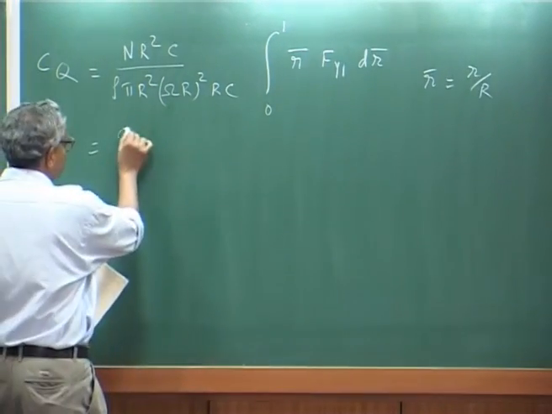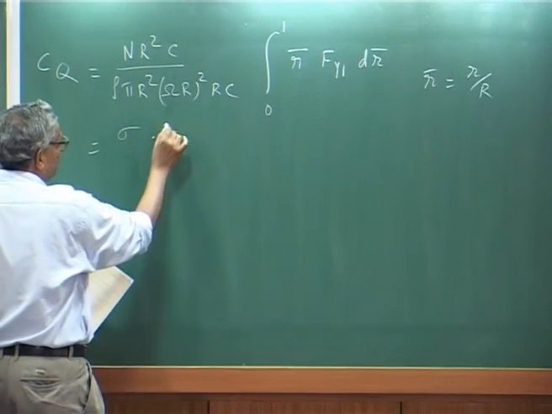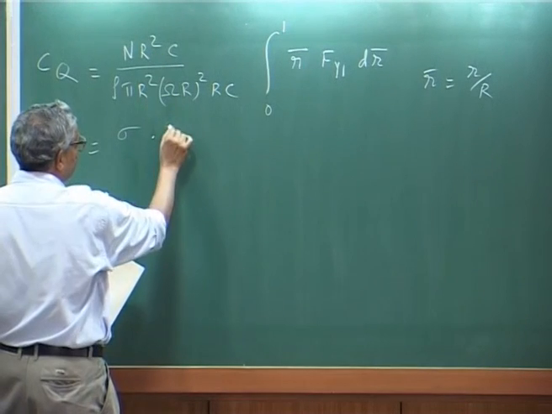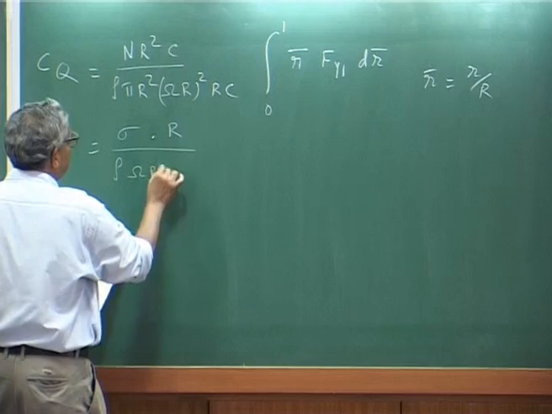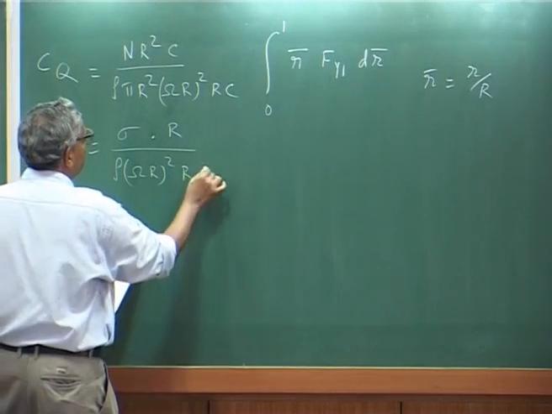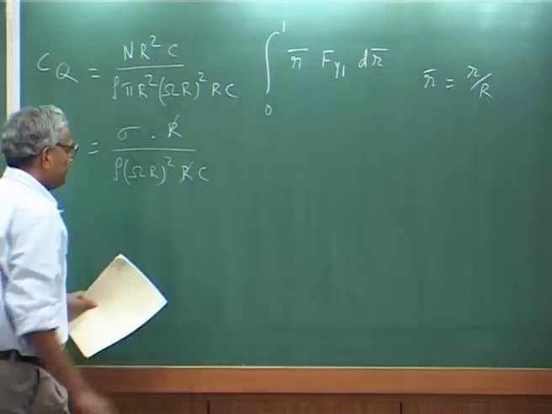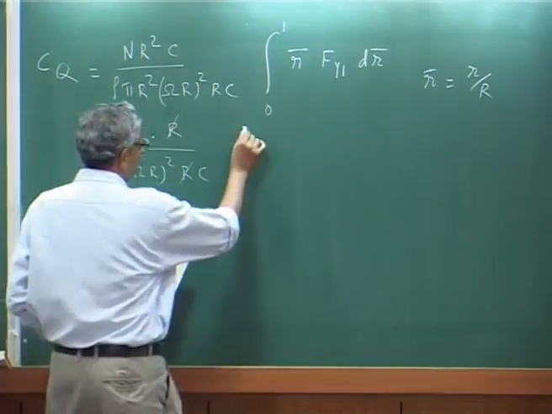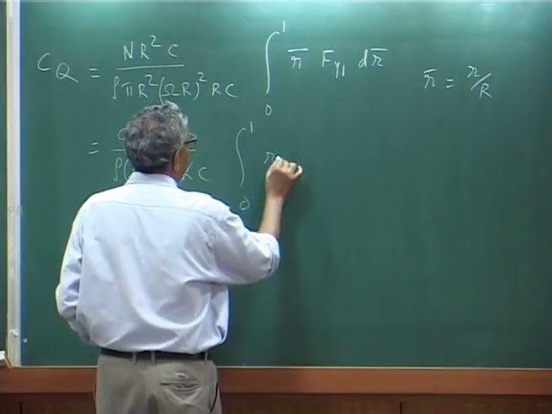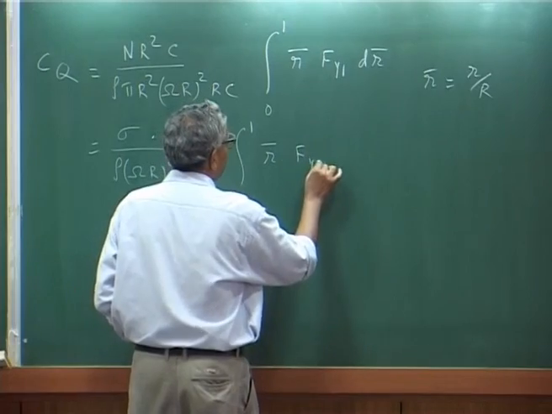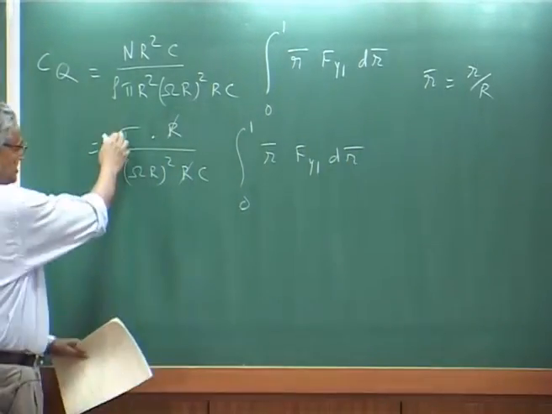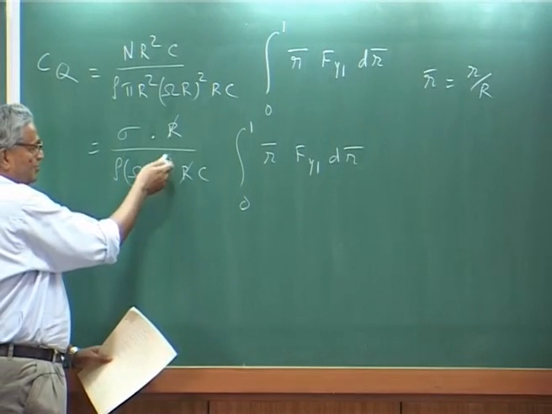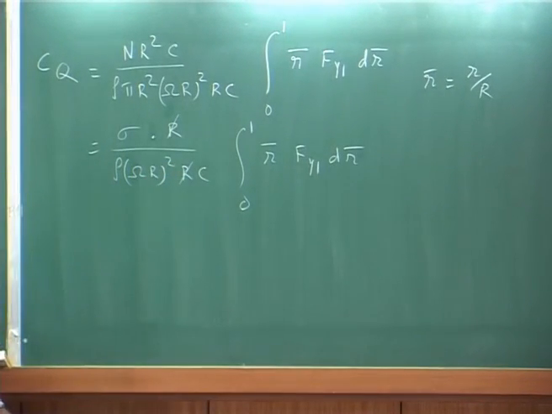So, you will write sigma into 1 r you will put, okay, rho, okay, cancel out this and you will have only this term. Okay. So, this is sigma rho omega R whole square in the denominator.